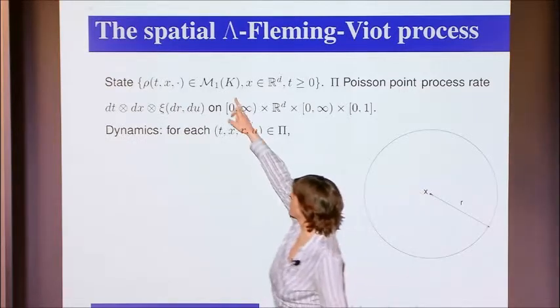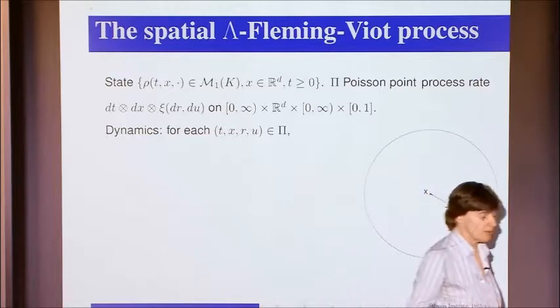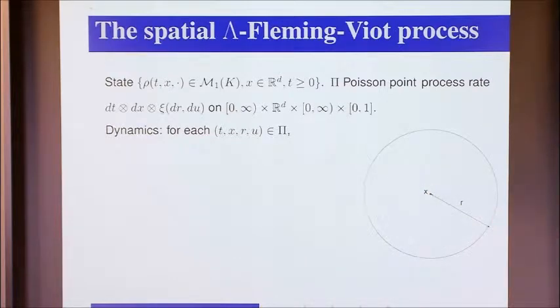K here is just a space of types, and in a moment that's just going to be 2 types. The interpretation is, if I were able to sample an individual from the point x at time t, their type would be determined by taking a pick from that probability measure rho of t, x. So it's just telling us the distribution of types in our population as time goes forwards.